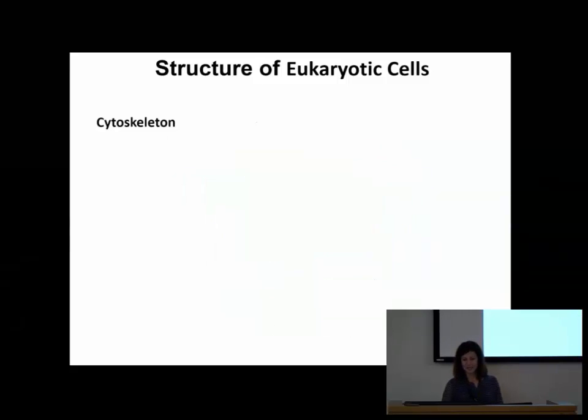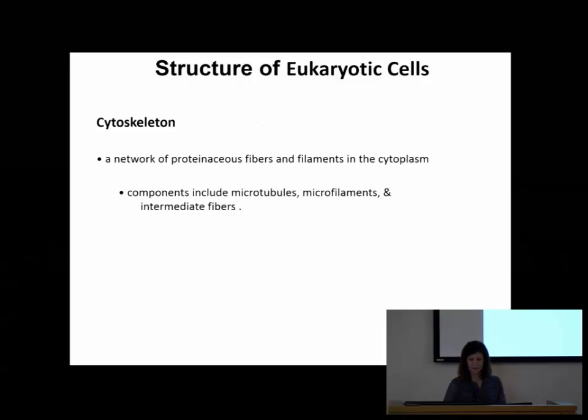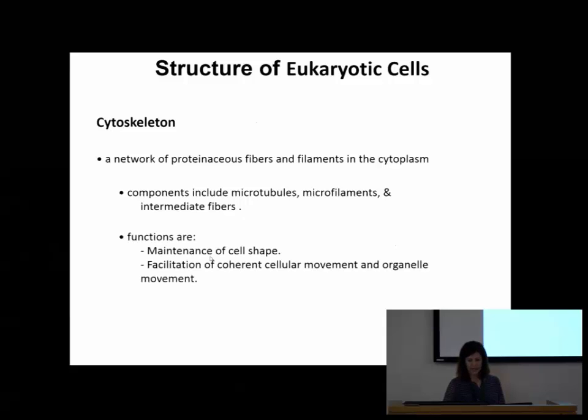The cytoskeleton is the fibrous stuff of the cell. We have three different components: microtubules, microfilaments, and intermediate fibers. And you have maintenance of shape, movement of organelles. The difference between these three are their size.